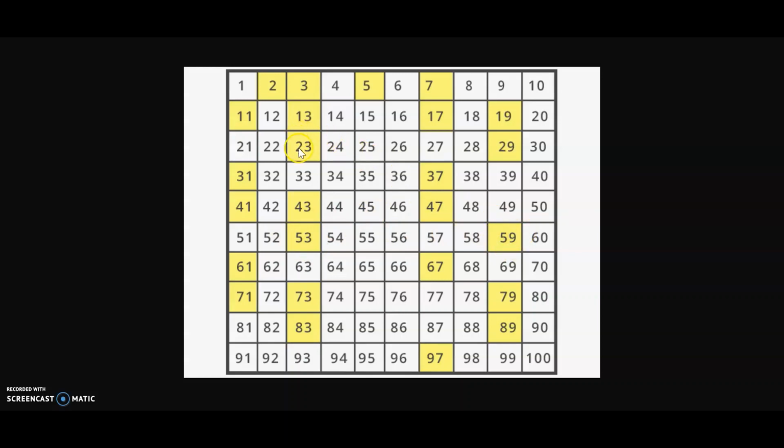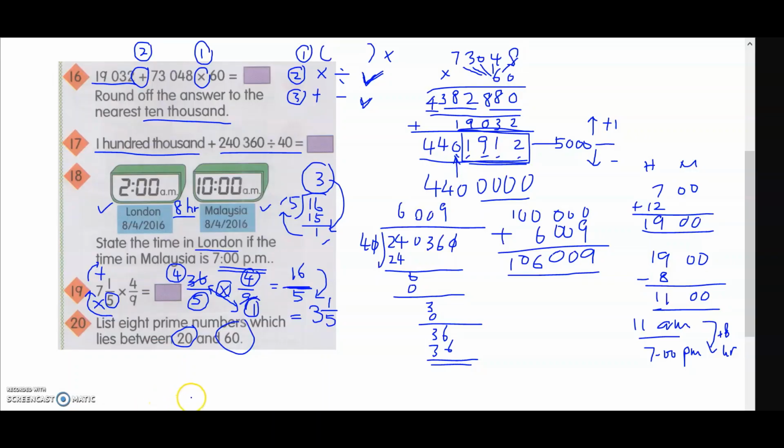So altogether there are 9 prime numbers between 20 and 60.